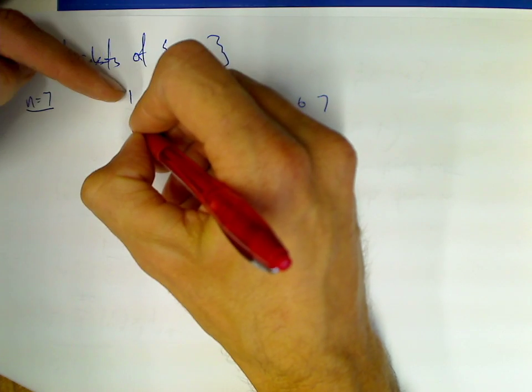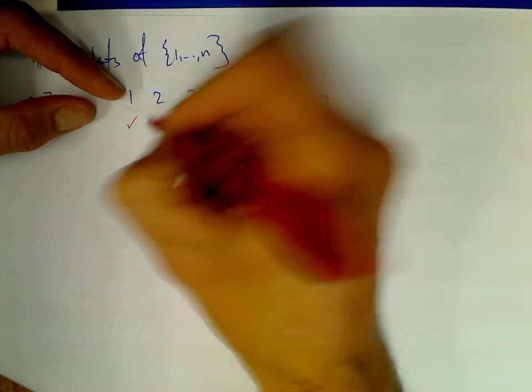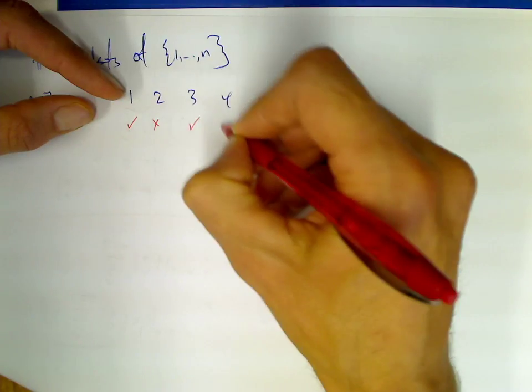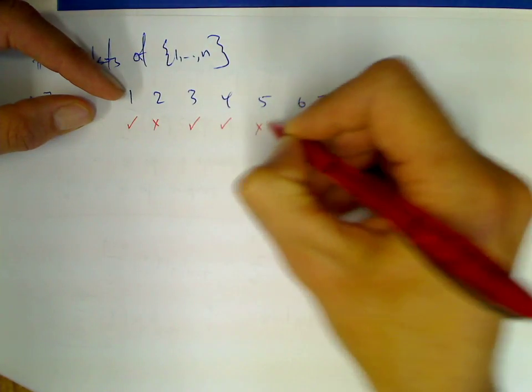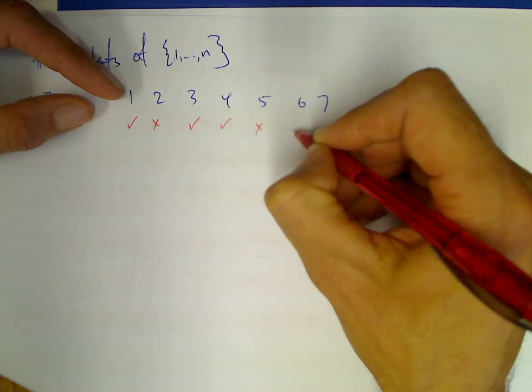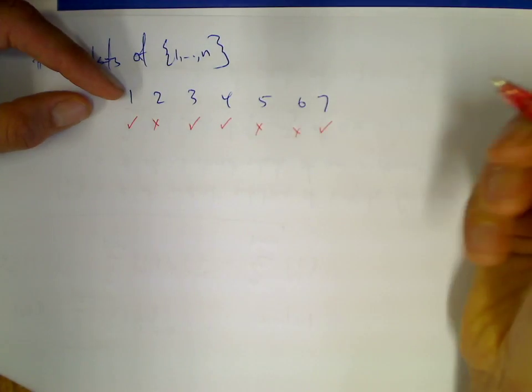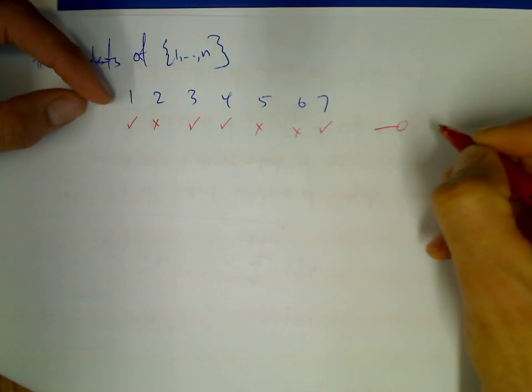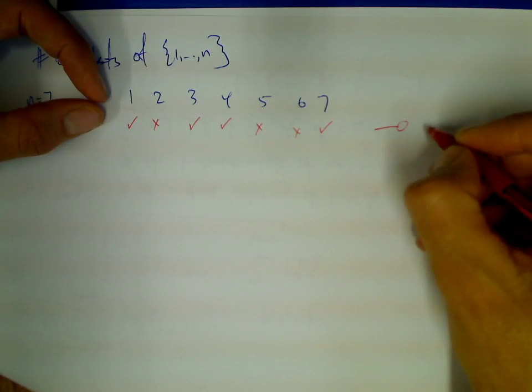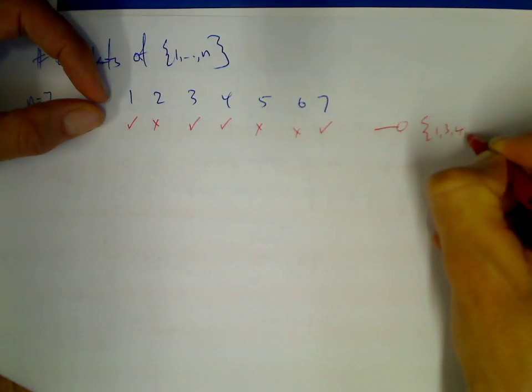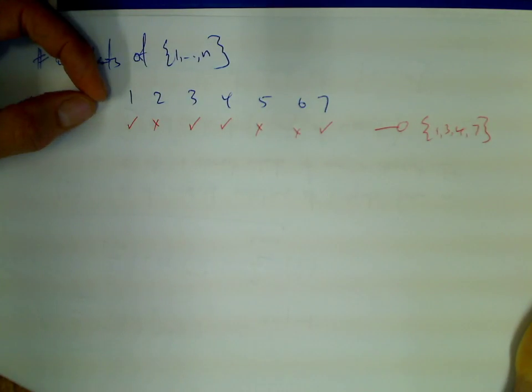So maybe we'll go along and we'll keep that one, we'll throw out 2, we'll keep 3, we'll keep 4, we'll throw out 5, maybe we'll throw out 6 too, and we'll keep 7. So that gives me 1, 3, 4, and 7 as my subset.